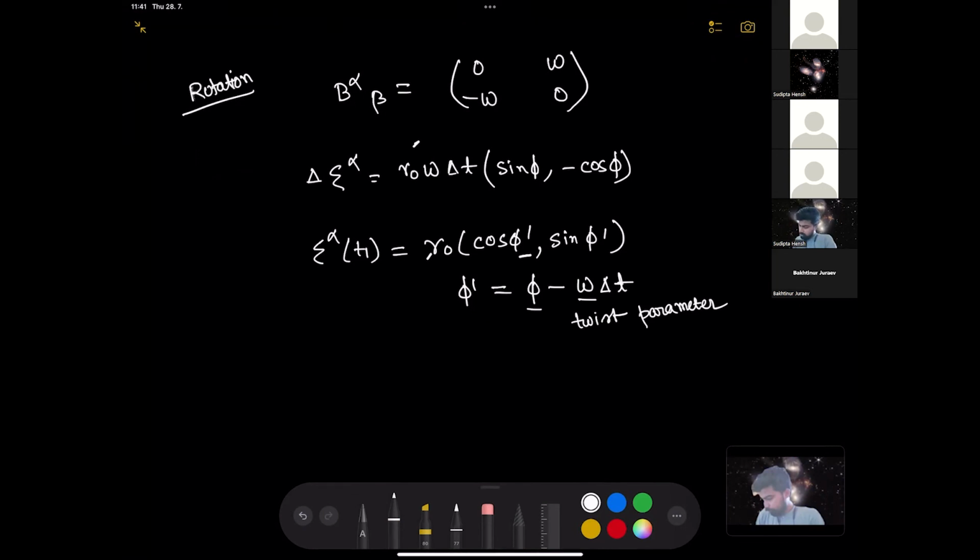So this matrix B can represent the twist in the congruence.